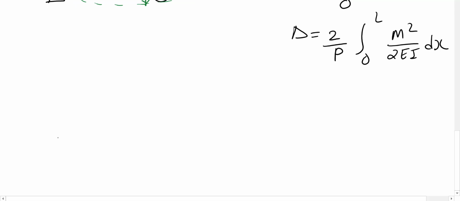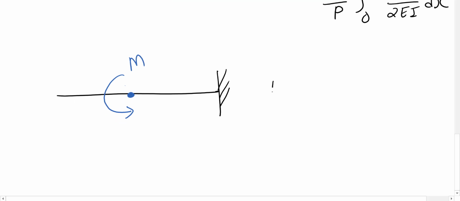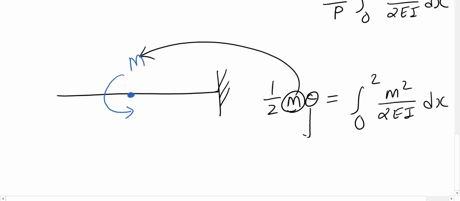And let's say for example we have a cantilever beam, and we apply a concentrated moment at this point, and if you want to find the rotation in that case, then 1/2 M theta, where this M is this one, equals the integral from 0 to L. We have the strain energy equation for moment, and we can solve for theta.